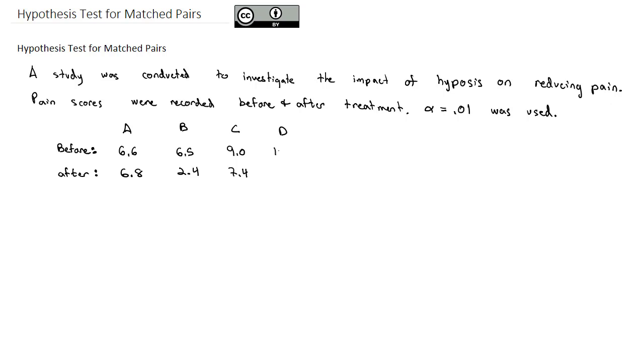Person D's before score was 10.3, after it was 8.5. Person E's before score was 11.3, after it was 8.1. F's before score was 8.1, after it was 6.1. G's before score was 6.3, after it was 3.4. And H's before score was 11.6, after it was 2.0.